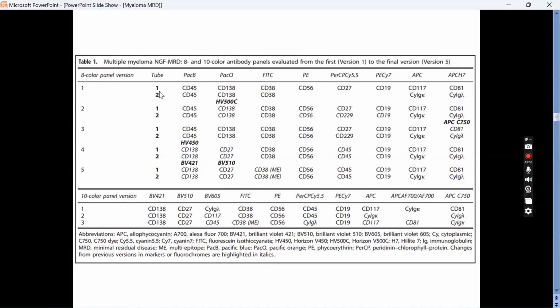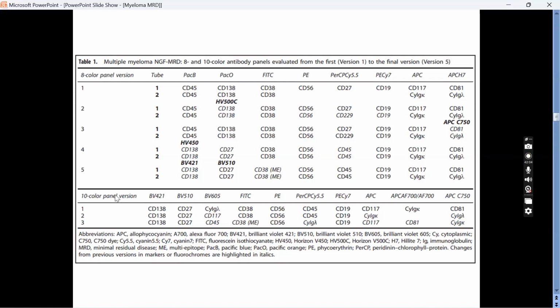For example, 10 million or 5 million may not be possible in some cases. But if you use a single tube, 10-color or 13-color, now all the sample can be used for that one particular tube, and you can relatively easily achieve 5 million or 10 million events as you desire.